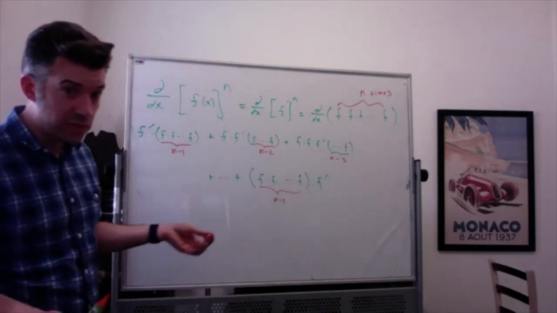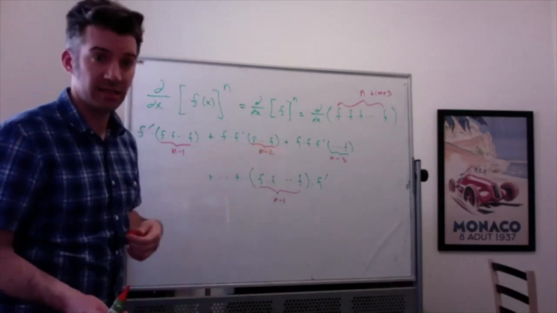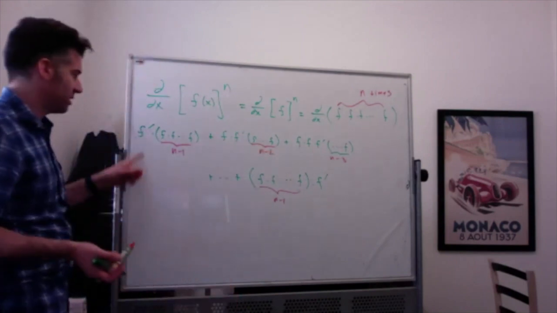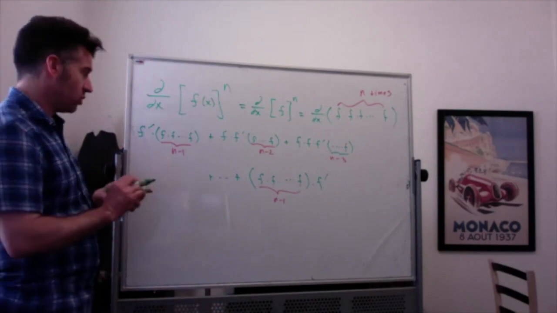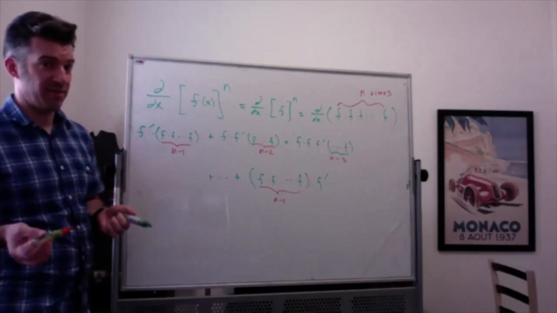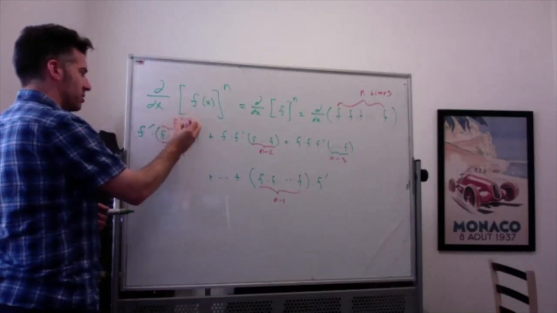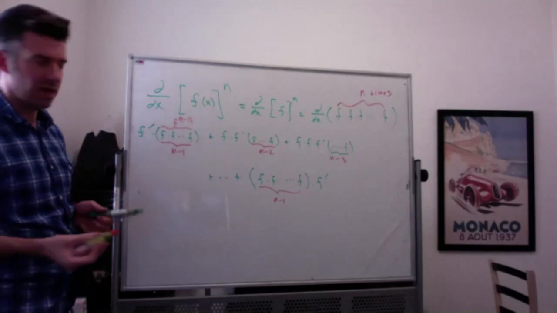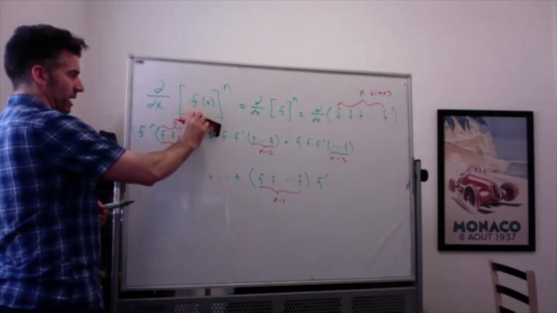But here's what you really want to see. Each of these things is the same. Each of these things is f prime times n minus 1 f's, which you could totally write as f to the n minus 1 power. I should not write parentheses around it. When you write parentheses around the power like that, you actually mean the derivative.